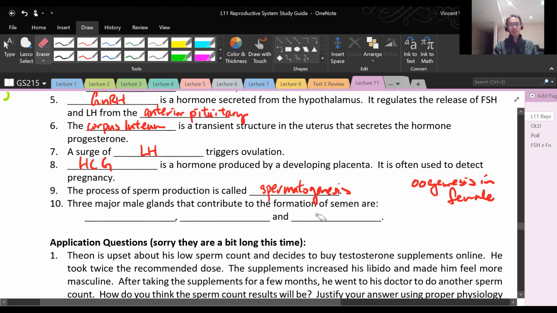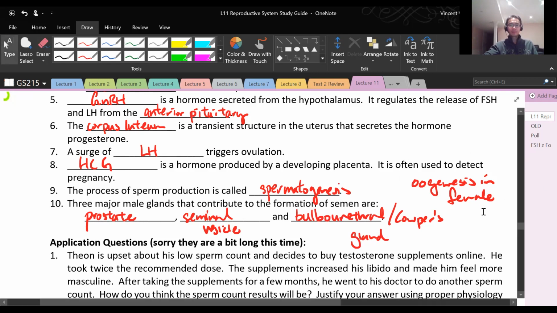The three major glands that contribute to the formation of semen are the prostate, the seminal vesicle, and the last one is the bulbourethral gland, or sometimes called the Cowper's gland. All right.